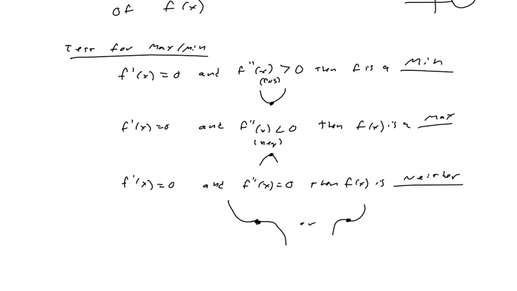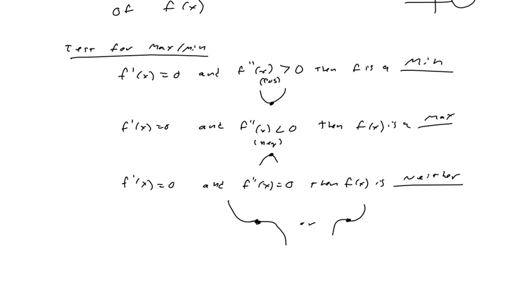It's not going to be a max or a min because the transitions aren't happening in the correct ways. It's an inflection point, and we change from positive to negative curvature at this transition point. So there are some special, interesting locations on these graphs. And this is our second derivative test.